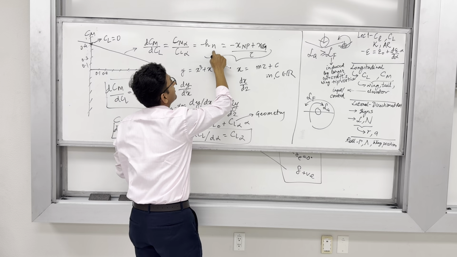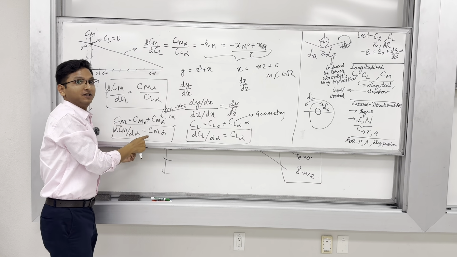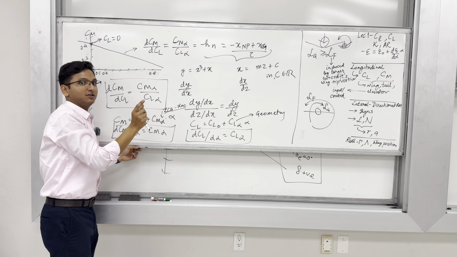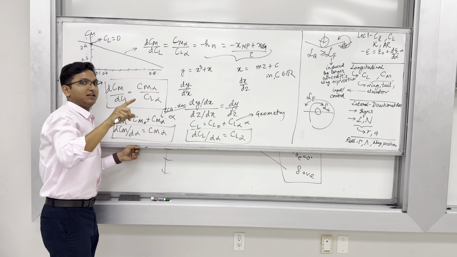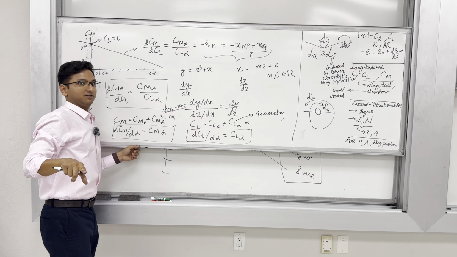Yeah. The definition of static margin has neutral point, but if you go and review the wing and tail contribution, the moment contribution coming from the wing is Cl alpha wing times (xCG minus xAC) by c bar.